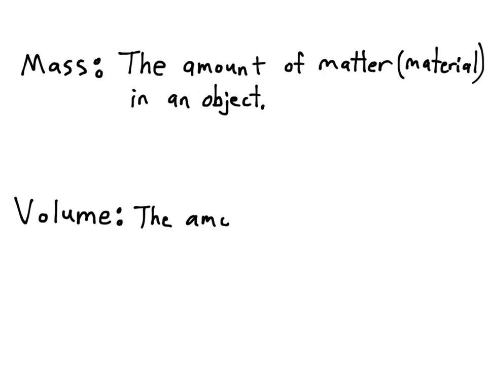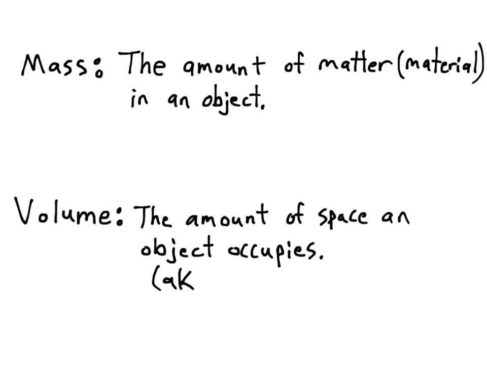Volume is the amount of space an object will take up. The amount of space an object will occupy. This is also known as its size. So when I refer to volume, I'm talking about how large or small it is. It is perfectly possible to have a large object with not a lot of mass. For example, a beach ball.